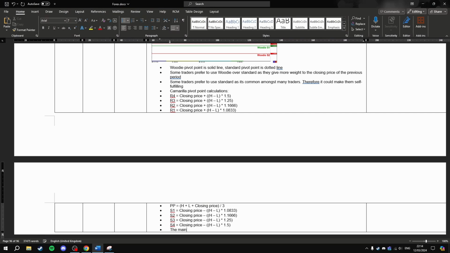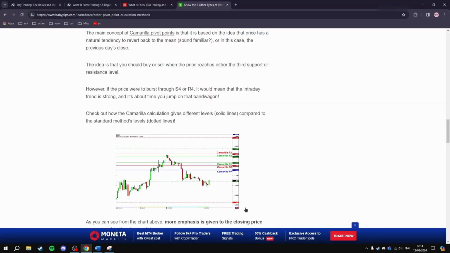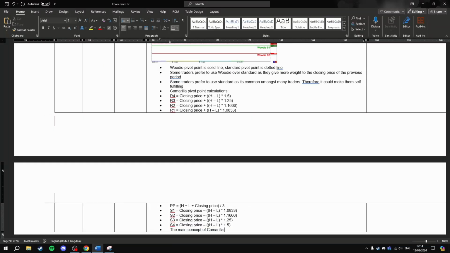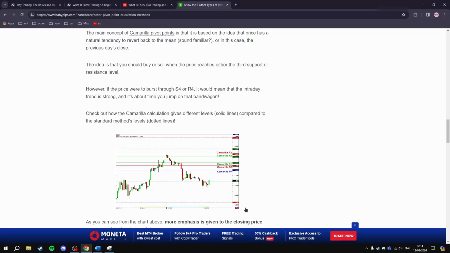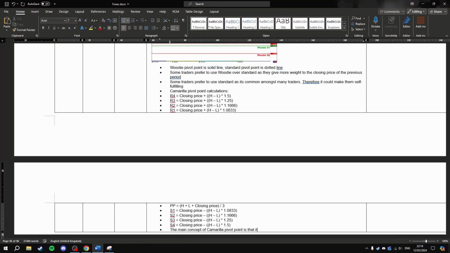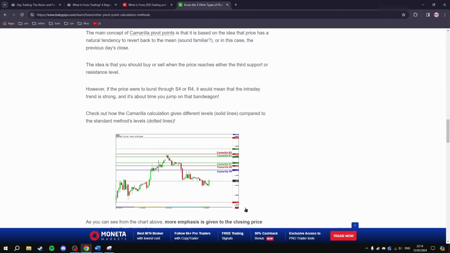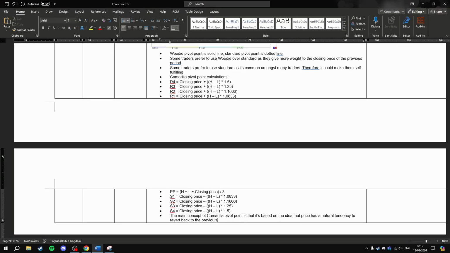So the main concept of camarilla pivot point is that it's based on the idea that price has a natural tendency to revert back to the mean, to the previous day's close.